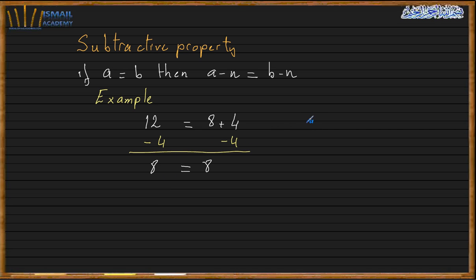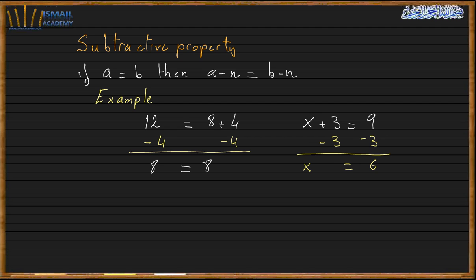The same thing if I have, for example, x plus 3 equals 9. If I subtract the same number from both sides, 3 minus 3 is gone, so we have x, and here it will be 6. That means we still have an equal sign.